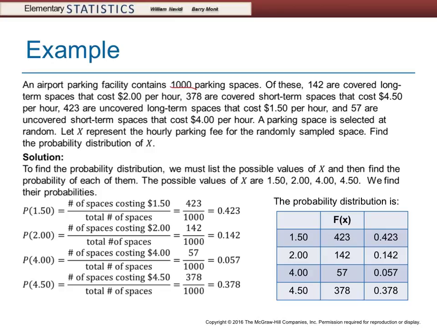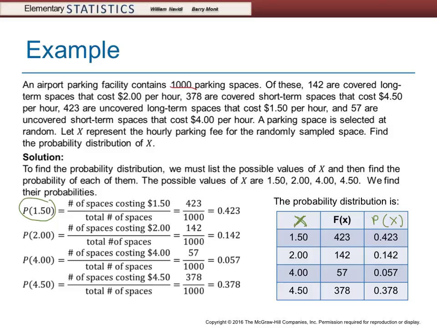Well, in terms of our probability distribution, here is X. Here's our frequency based upon X. And we can find the probability P of X in the following way. So if we look at $1.50, the probability of 1.50 is the number of spaces costing $1.50 divided by the total number of spaces.